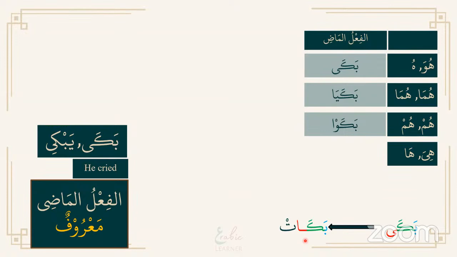Okay, brothers and sisters. Now, in this situation, what is this situation called? Iltiqaus sakinain. So when two sukoons come together, you drop harfu illat. And harfu illat is alif. So you will end up with bakat.